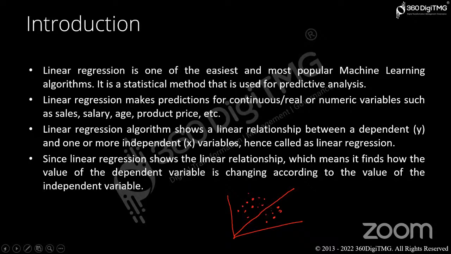So these are nothing but your data points, and this is your line of regression. Say this is your dependent variable, and this is your independent variable.